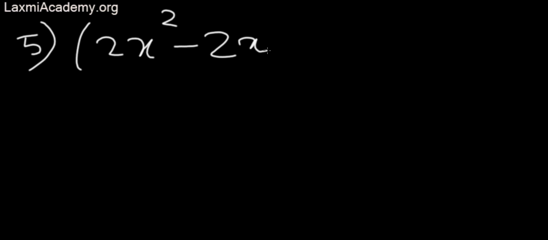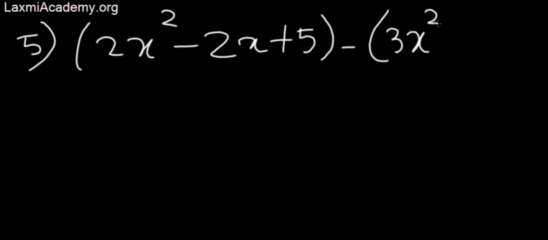Now let's take 2x squared minus 2x plus 5, and then 3x squared minus 4x minus 5. Now here we are just going to directly write the answer. So there is a negative sign here, so the sign will change.